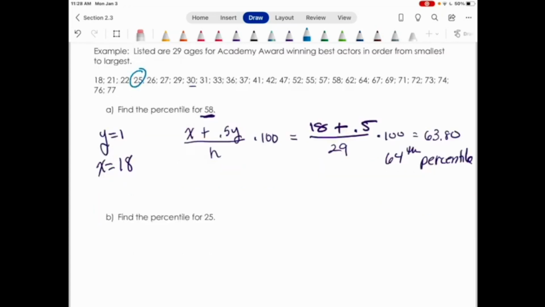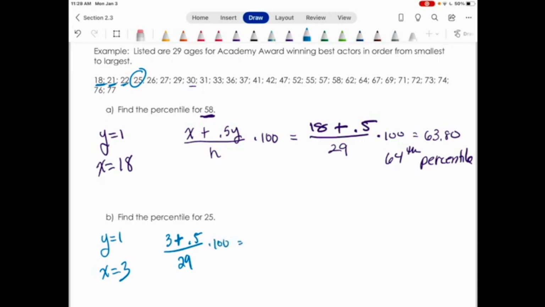Okay, so when I look at 25 in our list, there's only one 25 there. So again, we have no repeats, which is nice. Y is 1. To figure out what x is, we want to count the number of values that are less than 25, which is 1, 2, 3. So now when I go ahead and put this into our formula, I get 3 plus 0.5 times y, and y is 1, so that's 0.5 over 29.